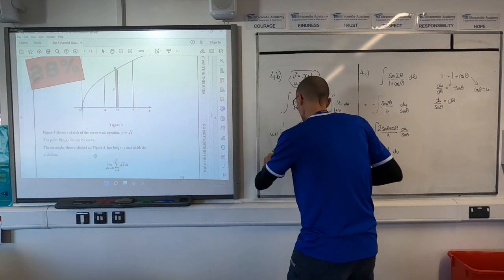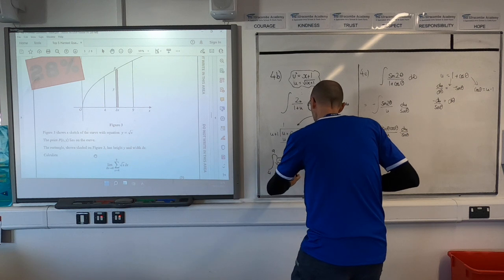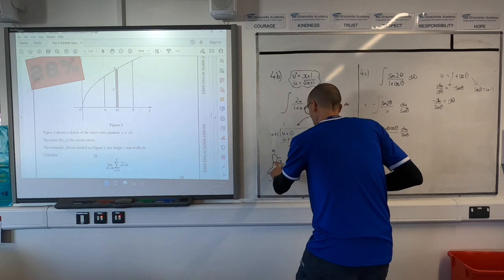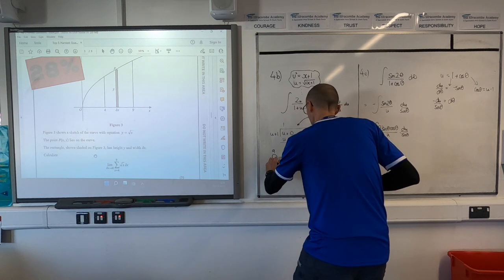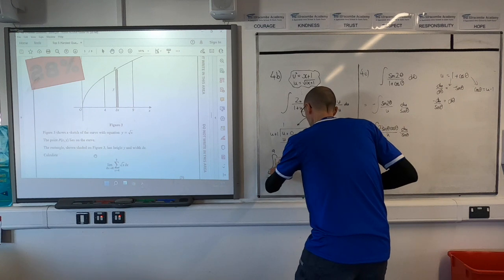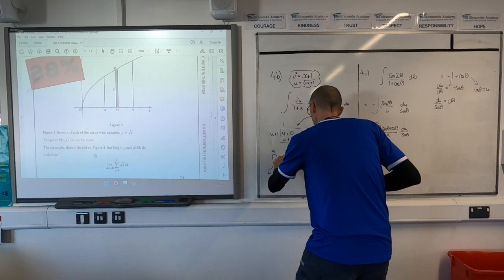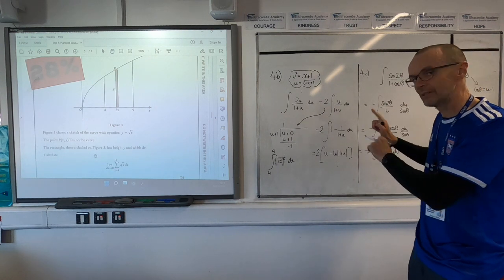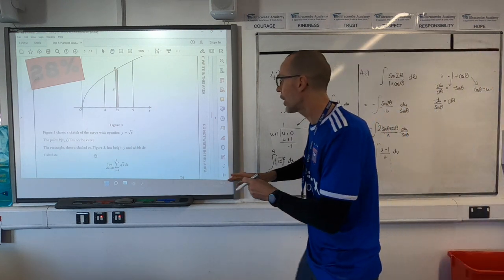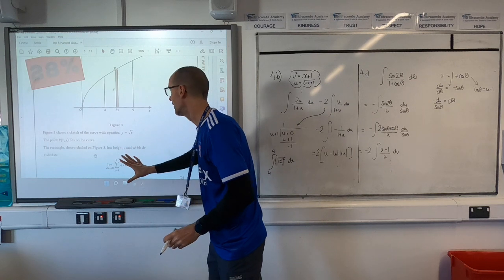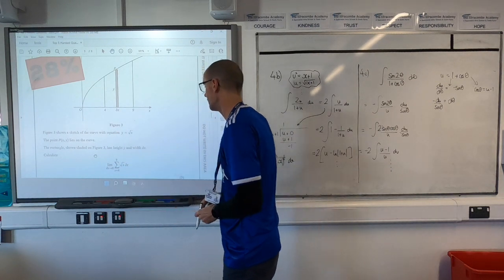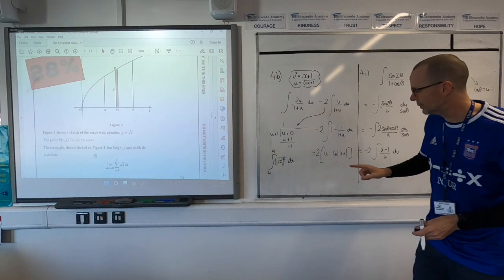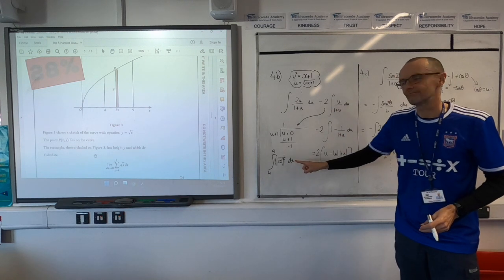The square root of x is the function, and I'm going to straight away write that as x to the half. I can do that by just adding 1 to the power, dividing by the new power. So this whole question, with all that confusing malarkey, all they want you to do is that.